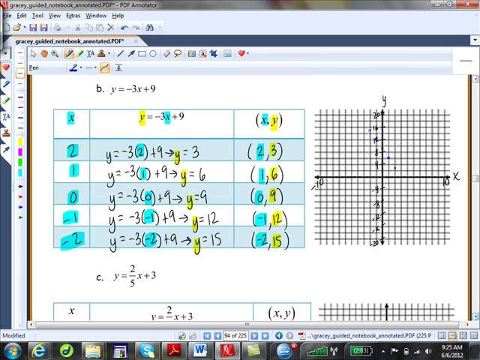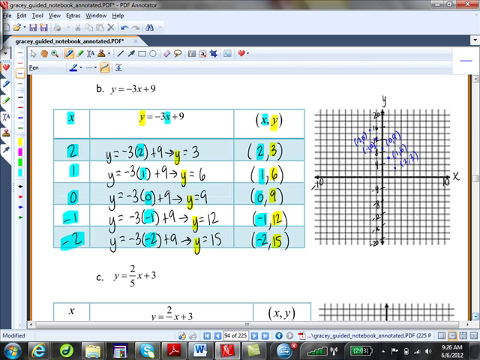And then we just make our picture of our line. So we can label them so that they're kind of close together, but this was 1, 6, and this was 2 and 3.